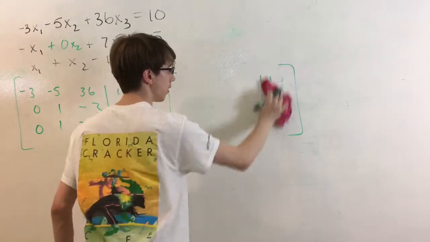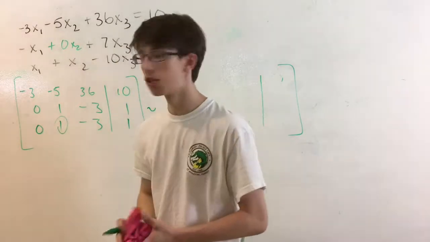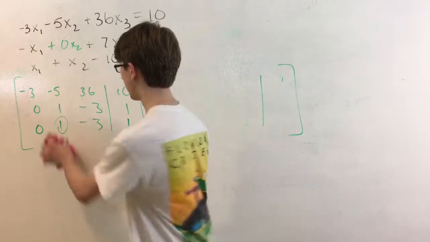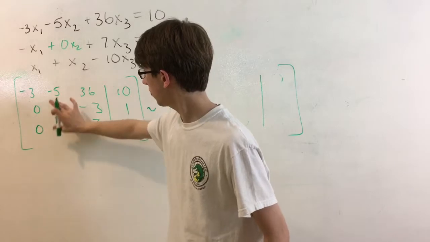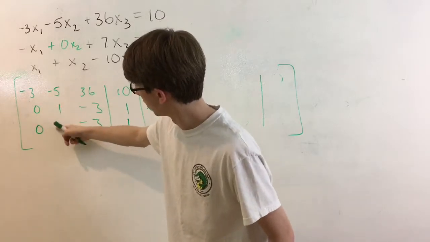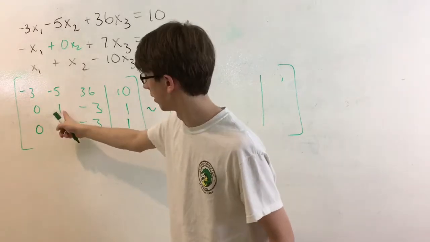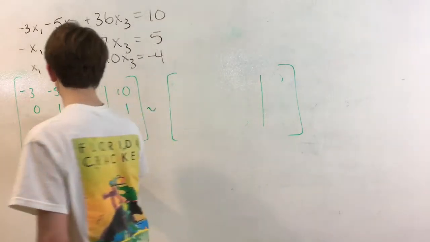We want this one right here to be a 0, because we do not want a leading non-zero term to be underneath another leading term. You cannot have a leading term underneath a leading term, as I went over before. So we want that to be 0.